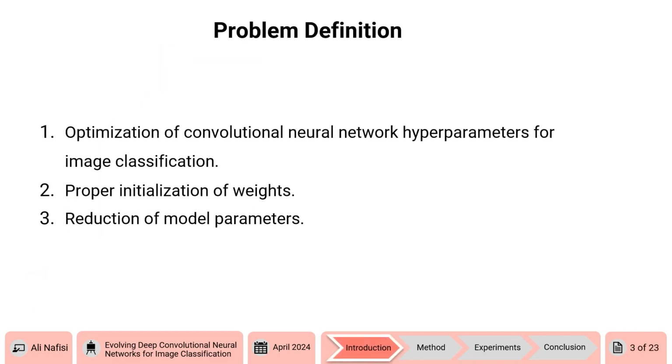So let's define the problem. To define the problem, we have to specify some goals. So for this paper, I realized that the authors had three main goals. The first one is to do a hyperparameter optimization for the CNN architecture for the task image classification.